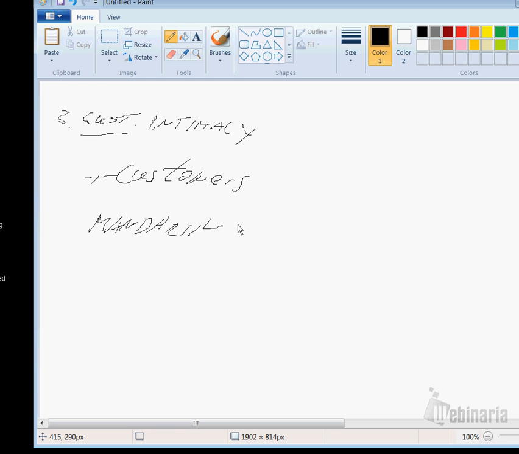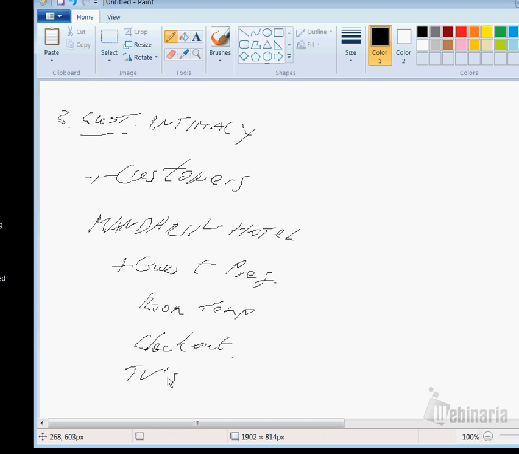The Mandarin Hotel Group uses an information system to record guest preferences. Okay, so when a guest comes in, they're able to record the guest preferences, and they may consist of things like the room temperature. It may consist of something like their check-in time or their preferred check-out time, and what TV channels they want to watch, that kind of stuff.